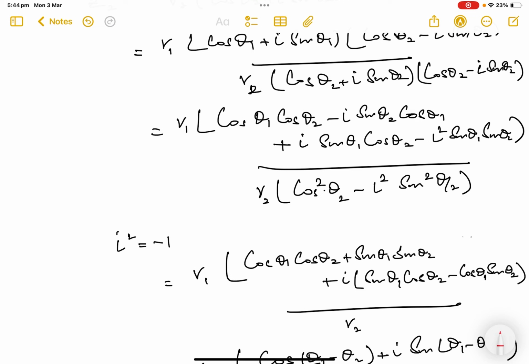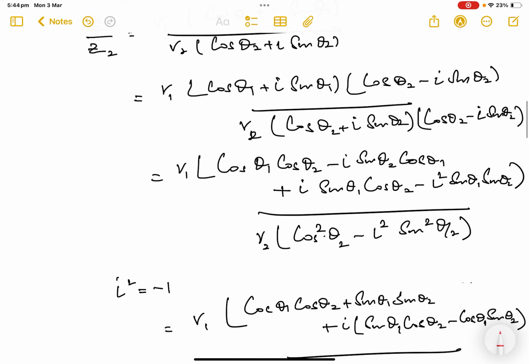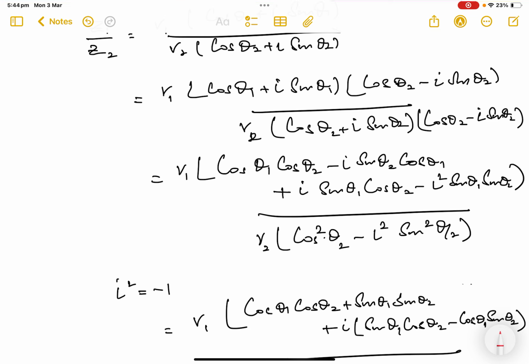For the numerator, R1 is there, and cos theta 1 times cos theta 2, then minus i sine theta 2 cos theta 1, and then i sine theta 1 cos theta 2, minus i squared sine theta 1 sine theta 2.